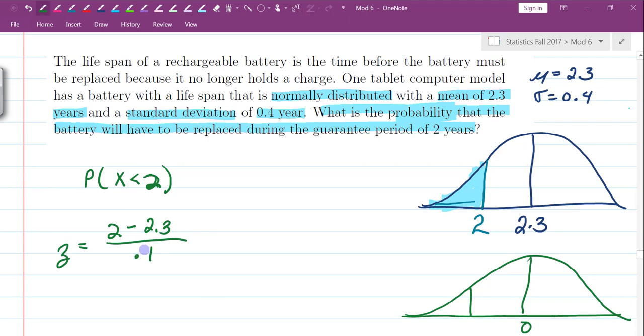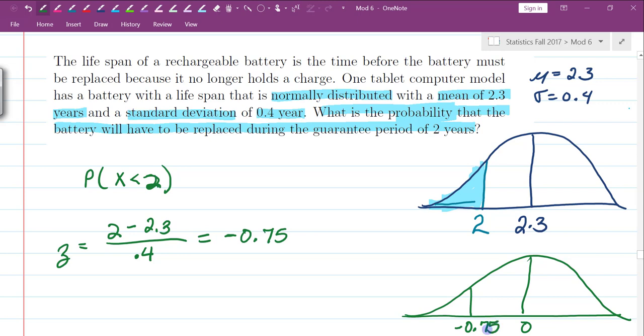And we're going to throw that in our calculator, and that is equal to negative 0.75.